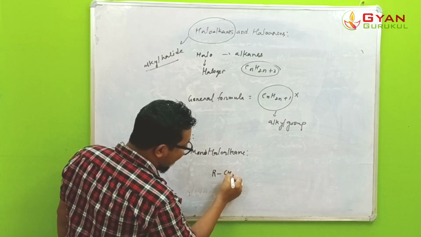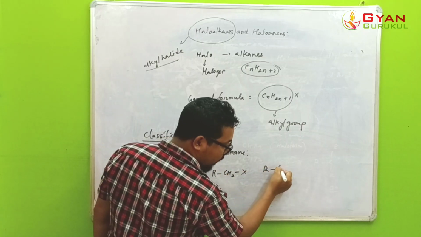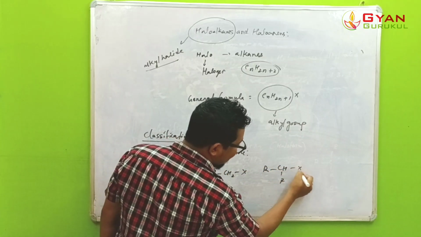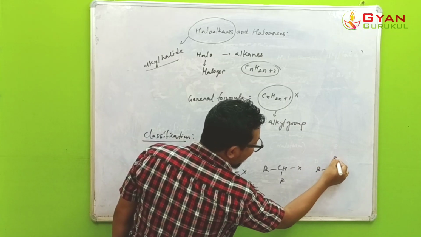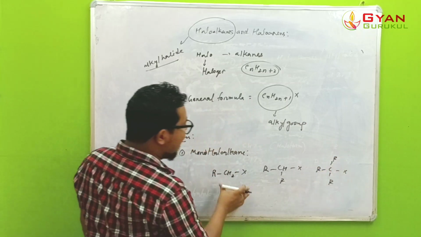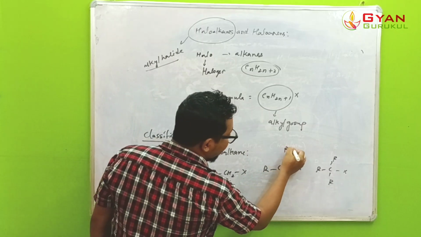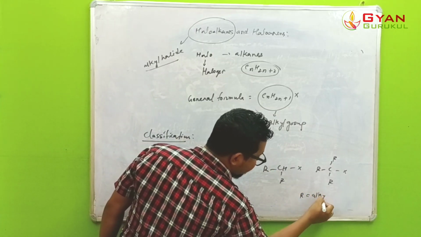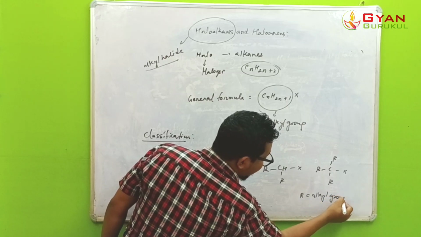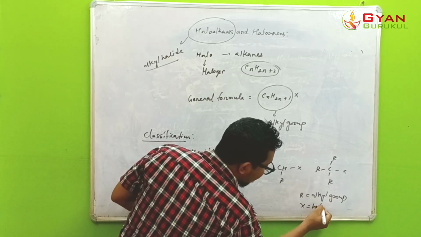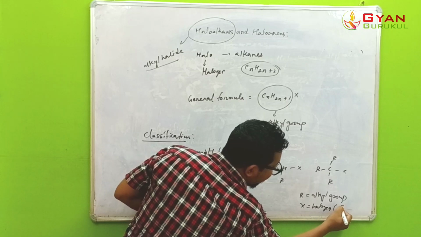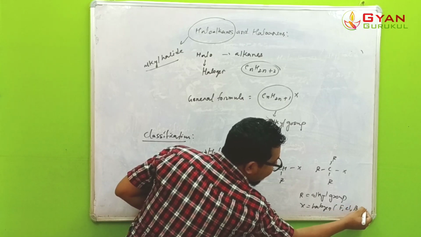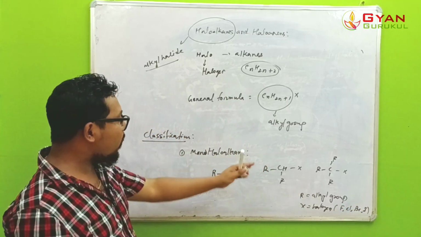Examples are RCH2X, RCHRX, RCRRX. Here R is the alkyl group, and X is the halogen. You know all the halogens: fluorine, chlorine, bromine, and iodine. That is monohaloalkanes.